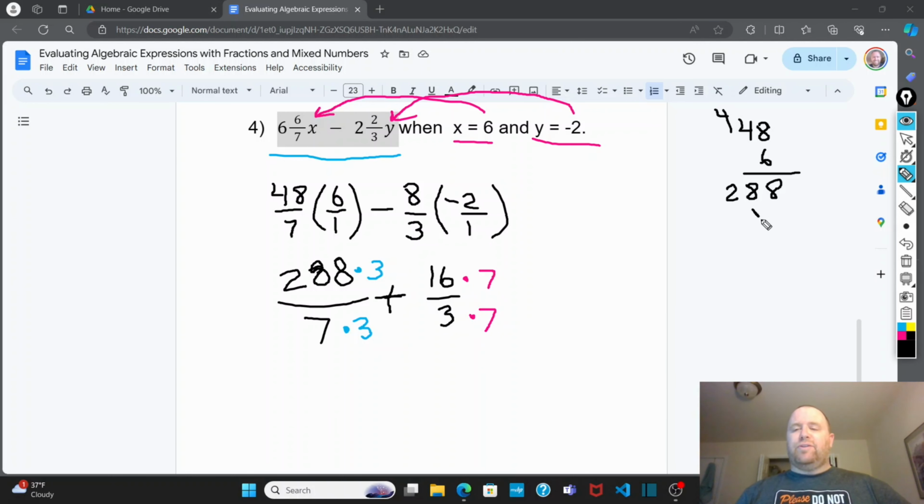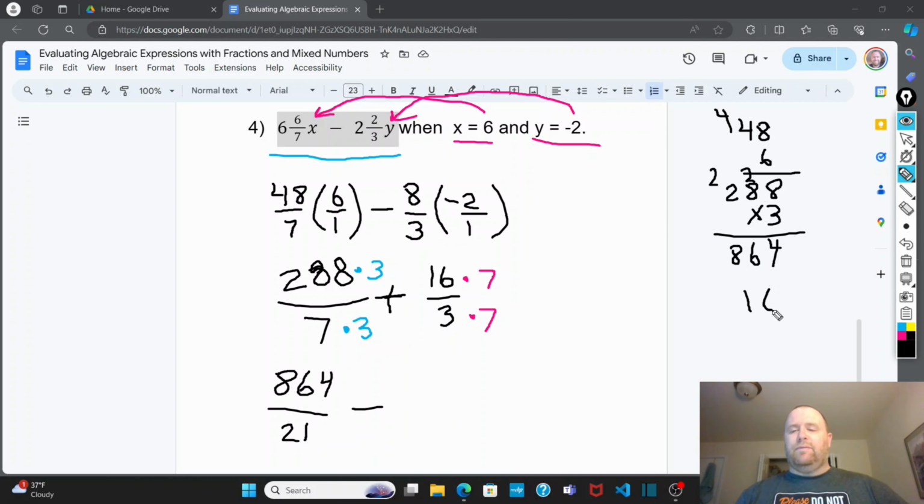288 times 3. Let's just do that right here. So 3 times 8 is 24. Bring up the 2. 3 times 8 is 24, plus 2 is 26. Bring up the 2. 3 times 2 is 6, plus 2 is 8. So 864 over 21 minus, okay, 16 times 7.